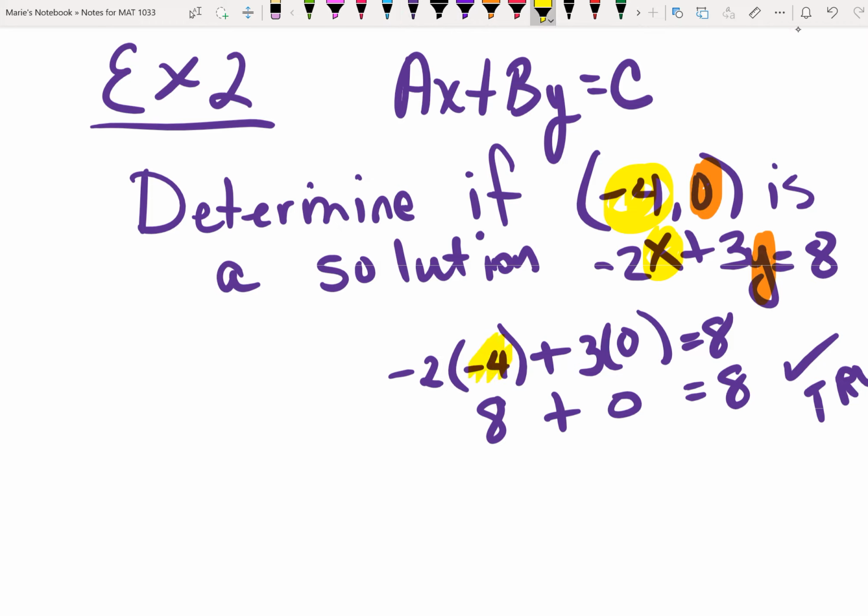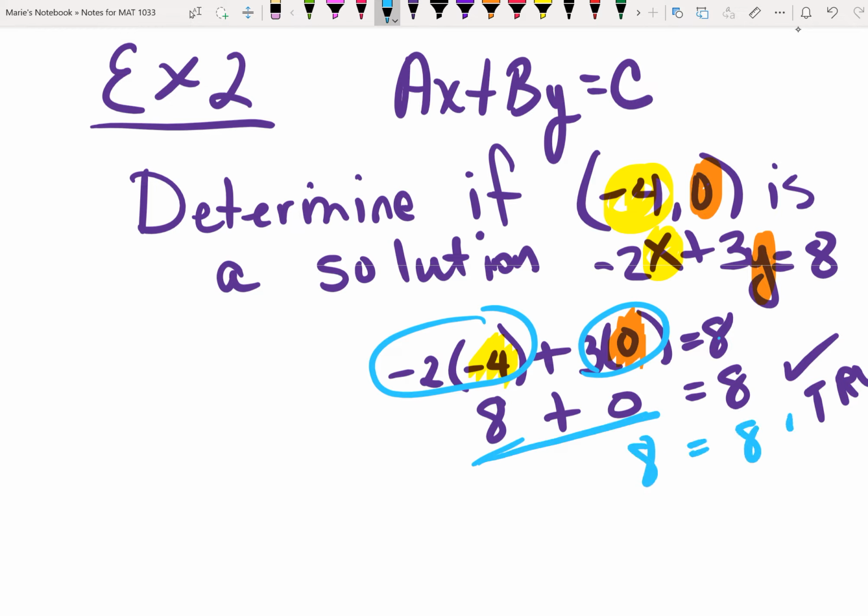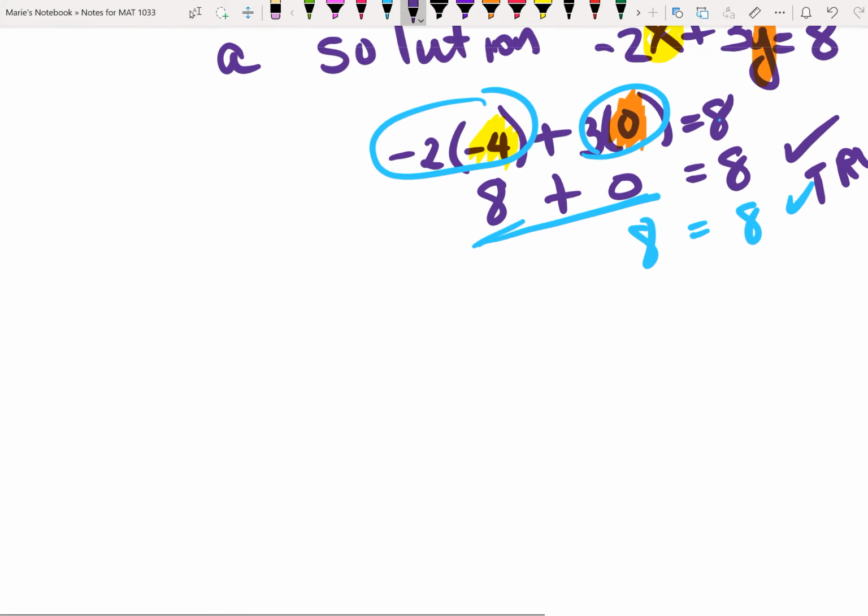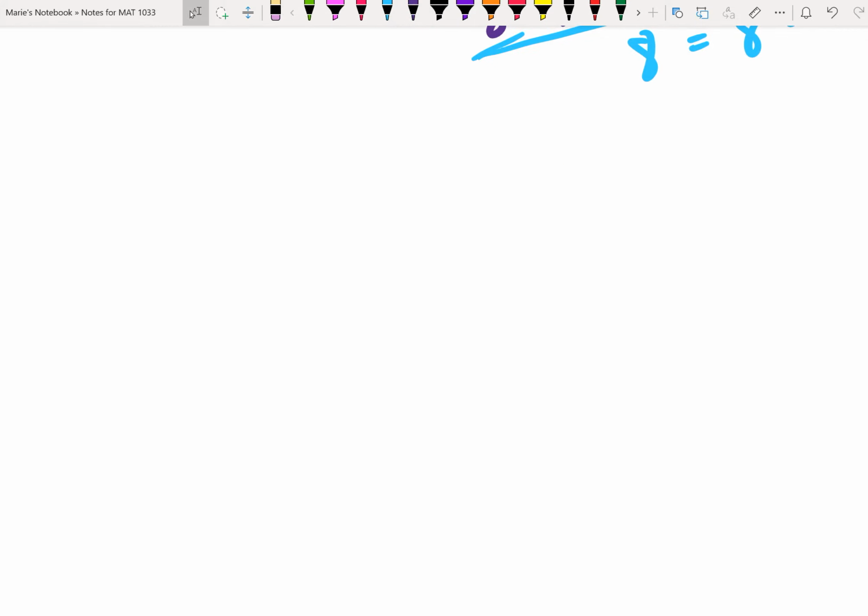So I substituted in here, and I substituted in here. Okay, and so this result, negative 2 times negative 4, is what gave me the 8, and the 3 times the 0 gave me the 0, and again, we're testing whether or not this equation, which gives you 8 equals 8, is true.